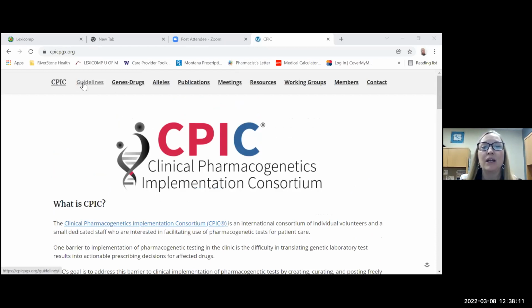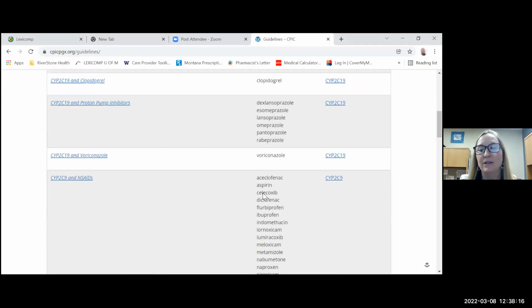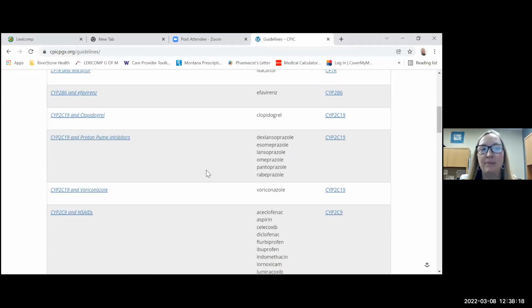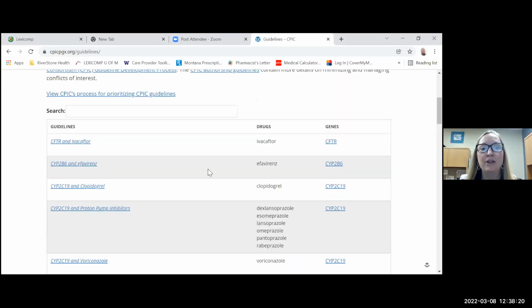You can go to the guidelines here. Anything listed here has a level A recommendation, and you see your drug gene pairs. I would encourage anyone who's interested in the utility of this testing to read one of the guidelines just to familiarize yourself with what's included.